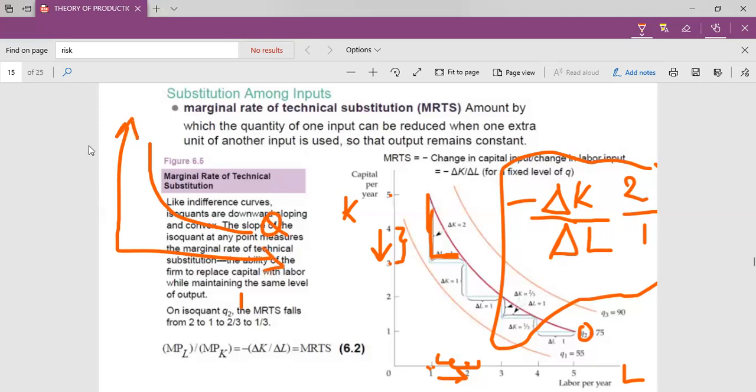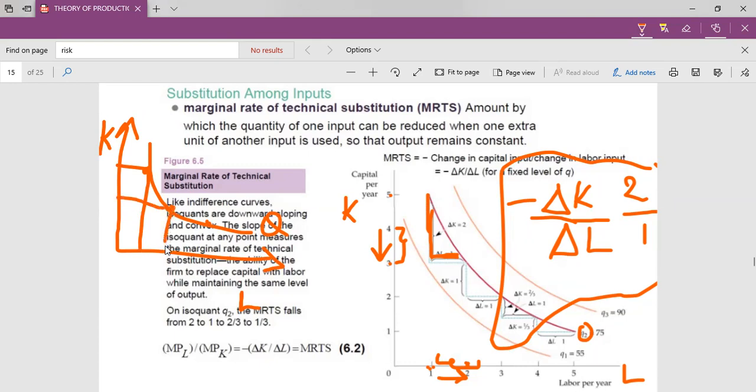So it is showing combinations of two inputs in the production process, for example, capital and labor, that yield the same level of output. So for example, at that point there, we have a combination of capital and labor.